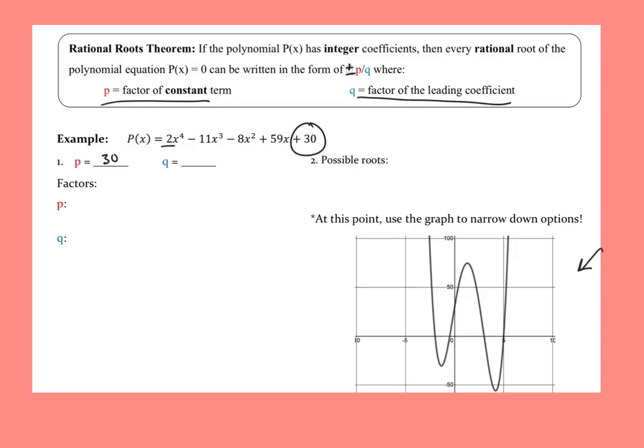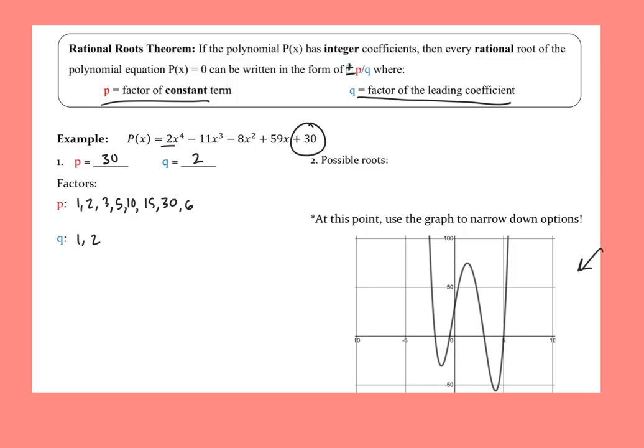Q is a factor of our leading coefficient, which is 2. So once again, we're looking at all of our factors of p. 30 is 1 and 30, and also 2 and 15, and 3 and 10, and I ran out of room, but I also have 5 and 6. Q is 1 and 2. Those are our two numbers that multiply to 2.